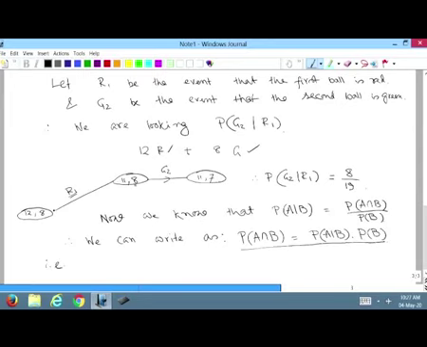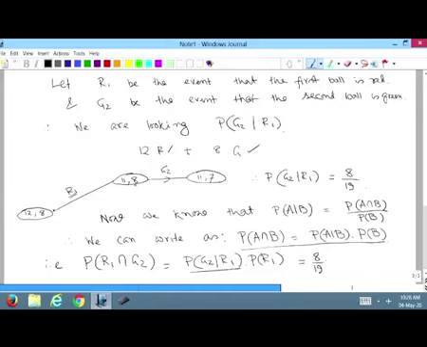For this problem, we can write probability of R1 and G2 is equal to probability of G2 given R1 multiplied by probability of R1, is equal to, the first one is 8 upon 19 and this term P R1 is the probability that the first ball is red, that is, out of the 20 balls we are choosing any of the 12, that probability is 12 upon 20.